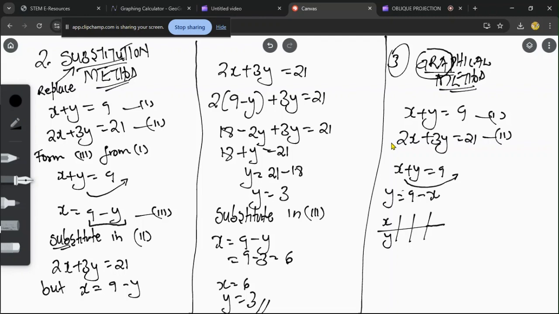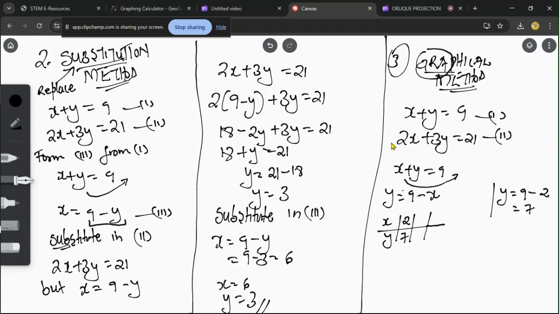So for example, if I put x like a number like 2, what will be the value of y? Can you see that y is equals to 9 minus x, which is 2, so minus 2. So the value of y, 9 minus 2 will be 7. So you come and write 7 here.